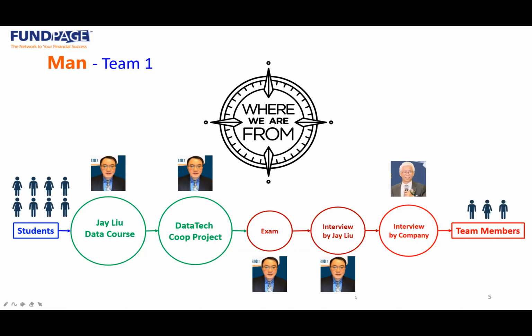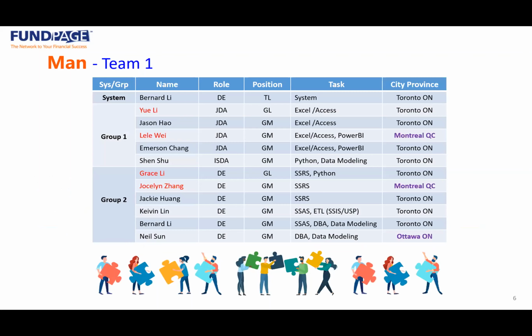We passed the exam, were interviewed by JLU first, then interviewed by FundPage, then became team members. We have 11 members in total, from 3 cities: Montreal, Ottawa, and Toronto.